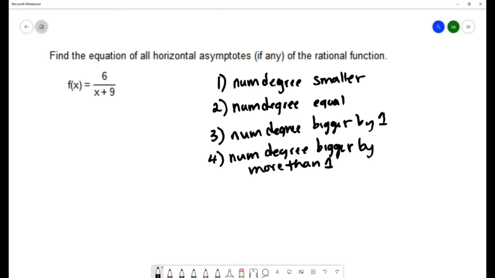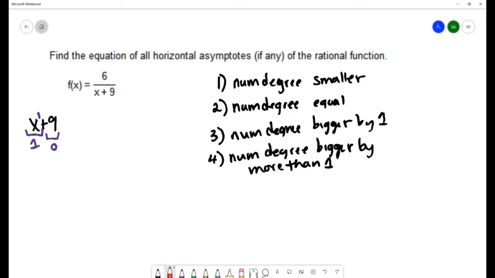In order for us to figure out which case we're working with, we have to know the degree of the numerator as well as the degree of the denominator. Now, the degree is going to relate to the power on x. So for our denominator, we have x plus 9. Each term has a degree. This term has a degree of 1 because the power is 1. This term has a degree of 0 because there is no variable.